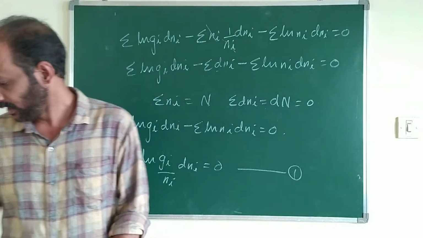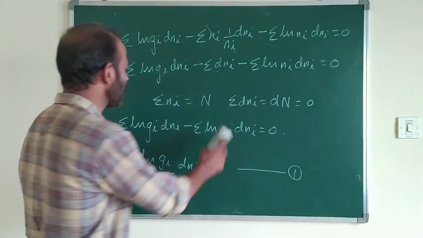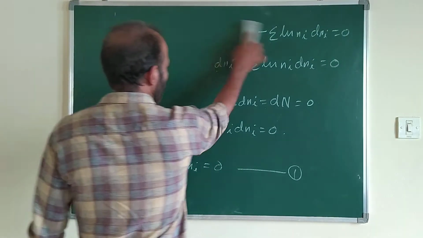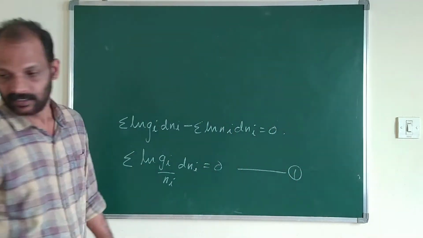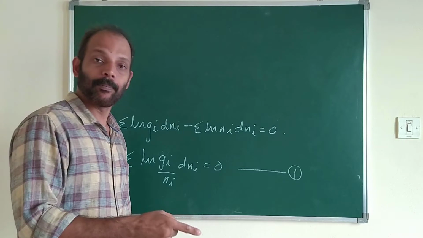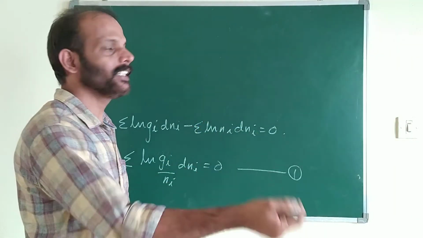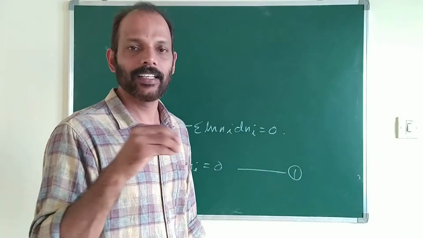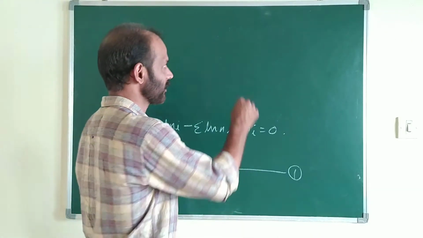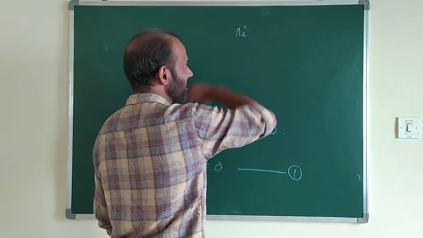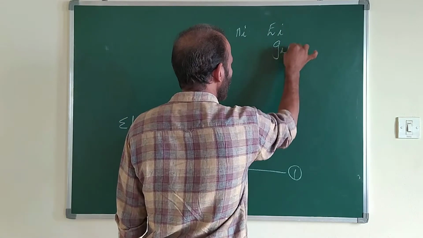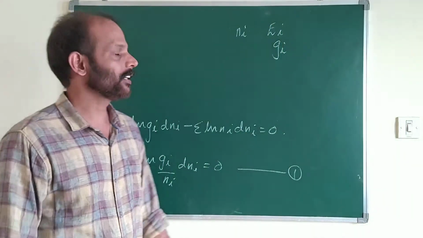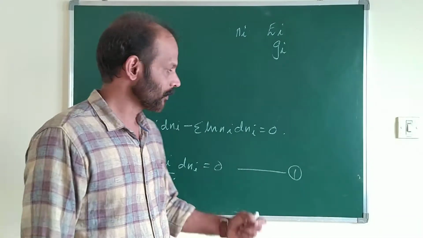Then we have to solve the equation and find out the distribution of Ni particles in Ei energy levels with Gi degeneracy, Gi multiplicity.